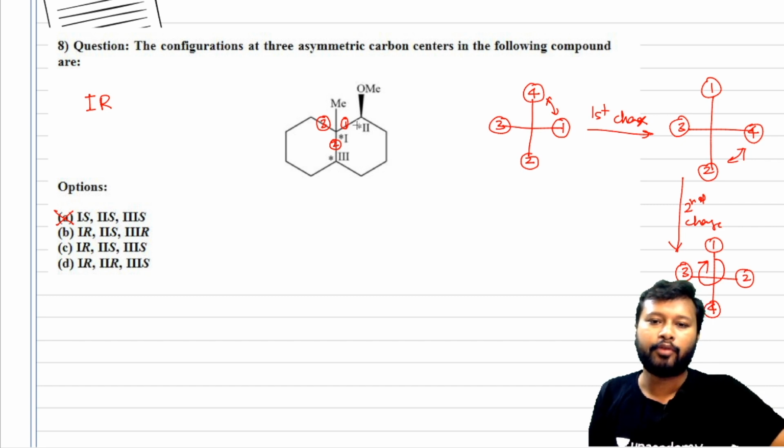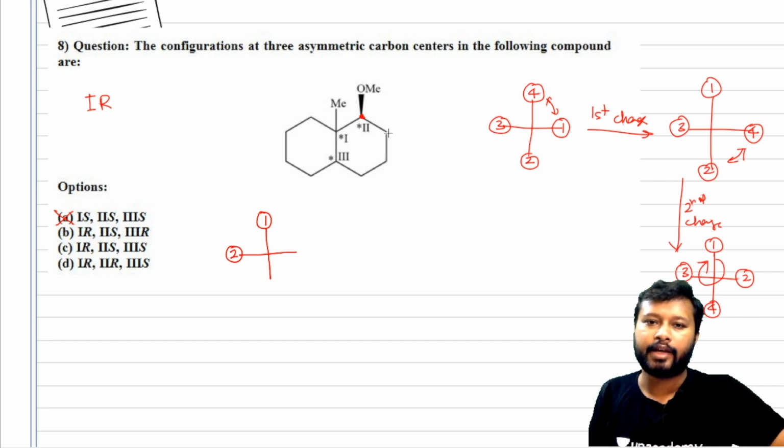Now you have to go for chiral center number 2, which is this one. Let me erase the previous one because that's what is going to make the difference. On chiral center number 2, I again have to give the priorities. On this side, I have oxygen, which will obviously be given first priority. On this side, I have carbon attached to 3 other carbons, so this is going to be the second priority.